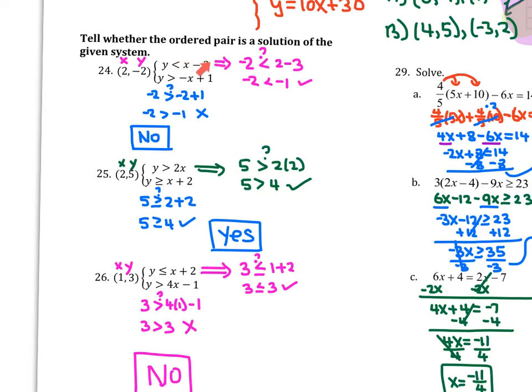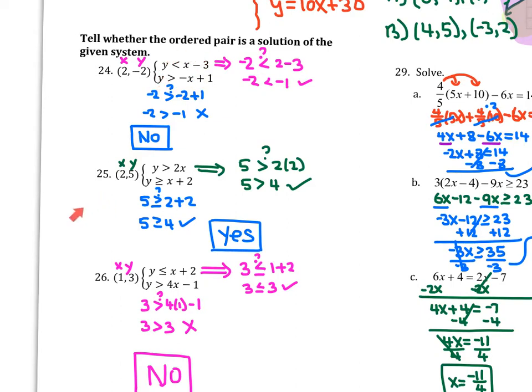In the top equation, negative 2 is less than 2 minus 3, which is negative 2 less than negative 1. That's actually true. Negative 2 is actually smaller. It's to the left on the number line of negative 1. So here, because this part of the problem did not work, my answer is no. That means that 2 comma negative 2 is not a solution to this system.